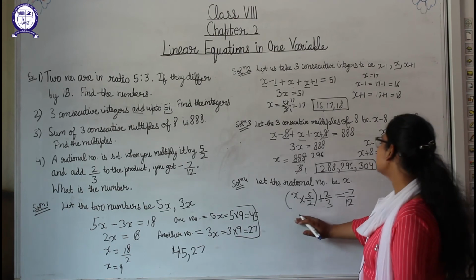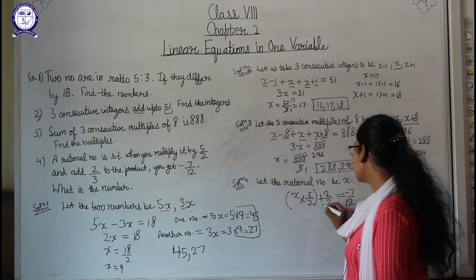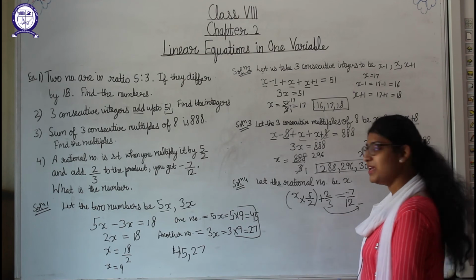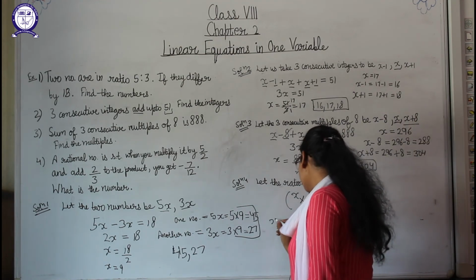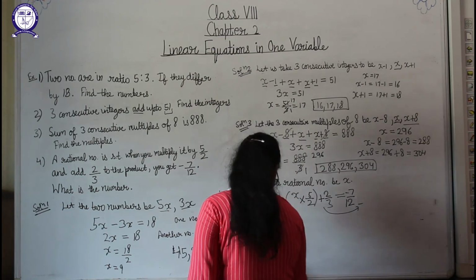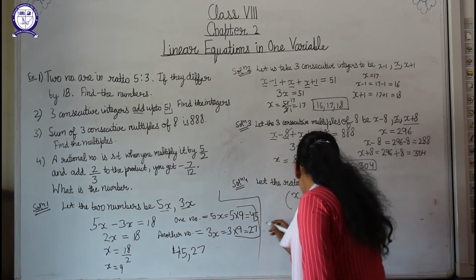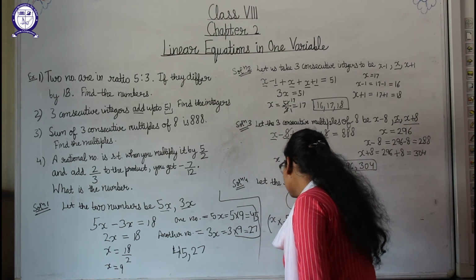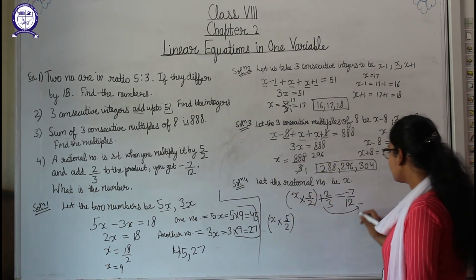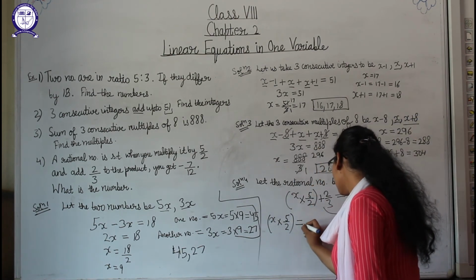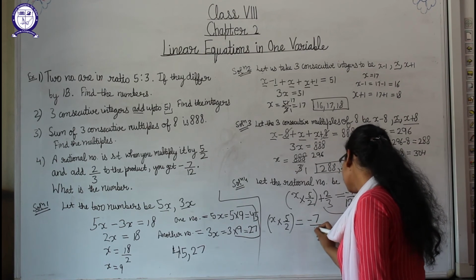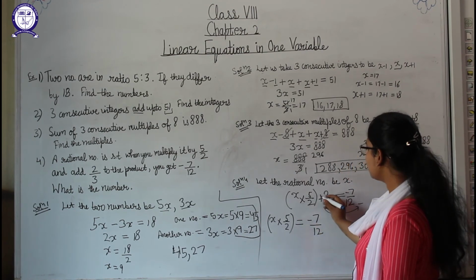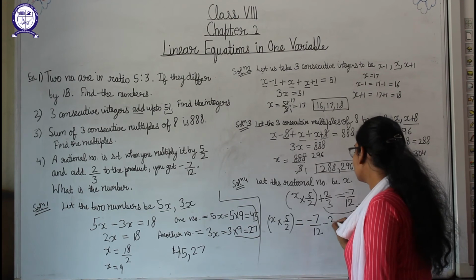So we will find the value of x and we will get the rational number. Okay, now we will start solving it. Here 2 by 3 is being added, so on that side it will be subtracted. So here x multiplied by 5 by 2 will remain the same. This 2 by 3 will go to that side, so equal sign minus 7 by 12. This plus will become minus here, so minus 2 by 3.